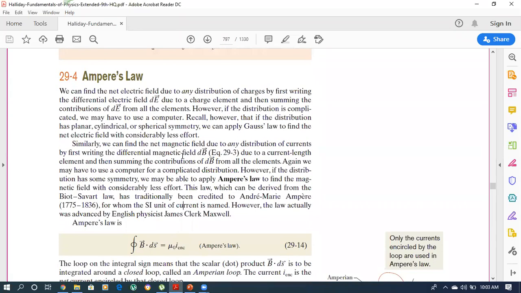Then we can calculate the net flux due to the charges enclosed by the closed surface, a Gaussian surface. Then it becomes very simple for us to calculate the net electric field using Gauss's law.